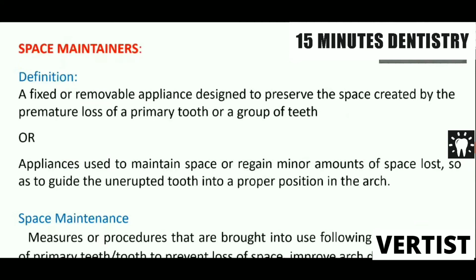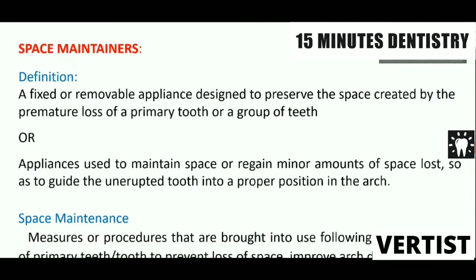In these situations, space maintenance comes into action. The definition of a space maintainer is a fixed or removable appliance designed to preserve the space created by premature loss of a primary tooth or a group of teeth.